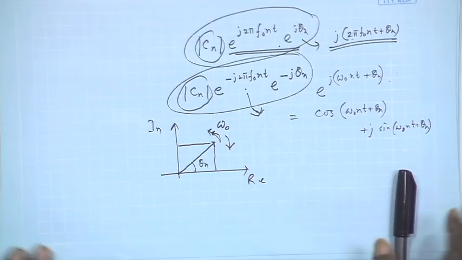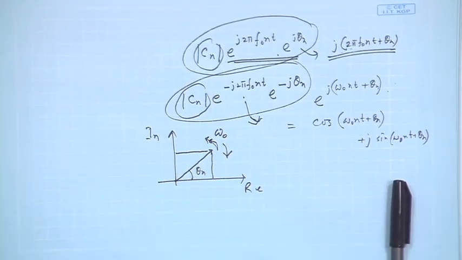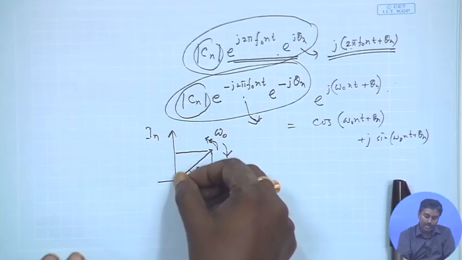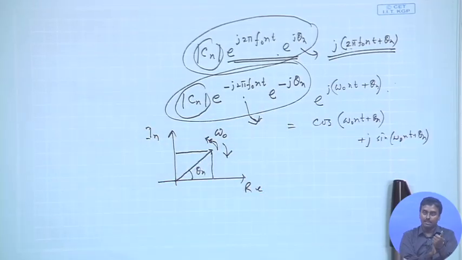And what is eventually happening, why the signal becomes real, is this: if you are interested, you can take this positive phasor and trace its imaginary signal.